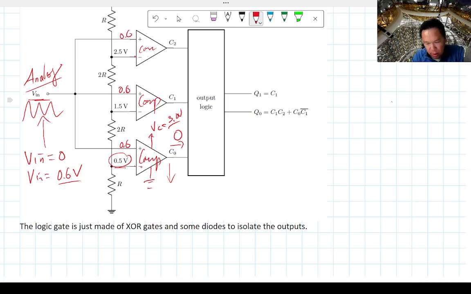Now this comparator is going to rail to VCC instead. So this goes to high, whatever that is, in this case, 3 volts. And it's going to output this to be a high state, whatever the logic is. The rest is going to be still 0 because it's still less than 1.5 and 2.5.